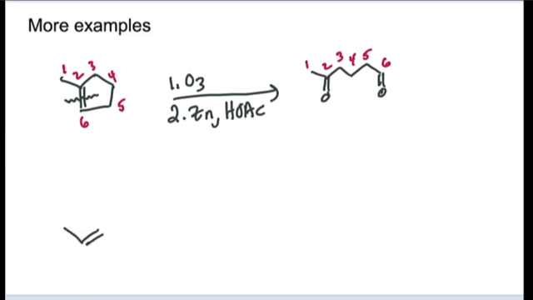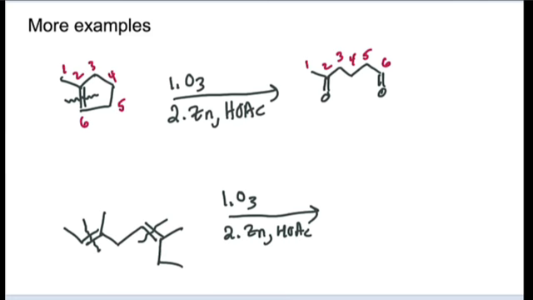Now what happens if we've got more than one double bond? All right, so both of them are going to cleave. Super important to number so that we don't lose any carbon atoms.